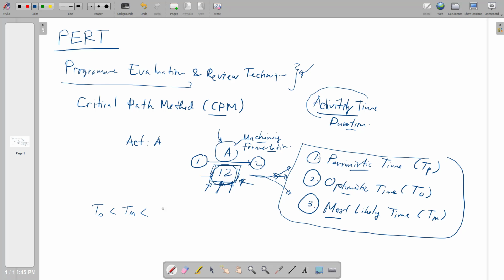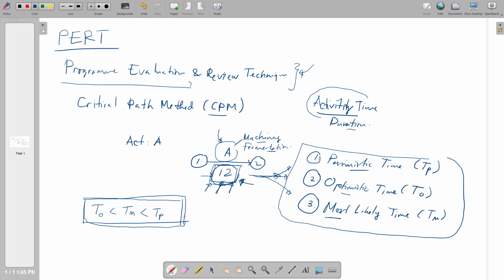And then the most likely time will usually be shorter than the pessimistic time. So we assume that the pessimistic time will be the longest one in terms of completion time, and the optimistic time will be the shortest one. You have to remember this one because it will be coming in the calculation later on.